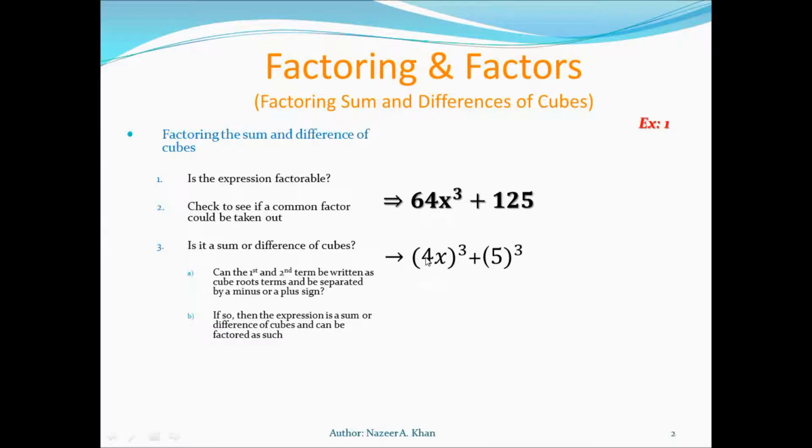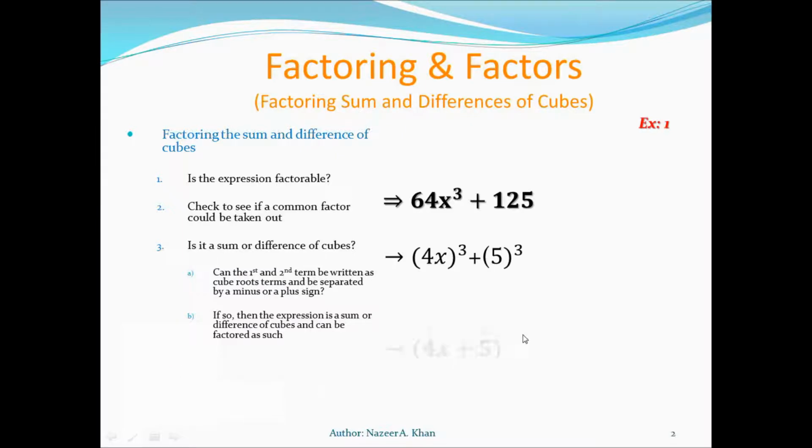If I were to take 4, cube it, I'll get 64x cubed. So that is entirely cubed, the bracket is on the outside. When we look at 125, well, 5 cubed will give you 125. So I have it in the format that I could actually factor it as a sum and difference of cubes. I have it in that format now.